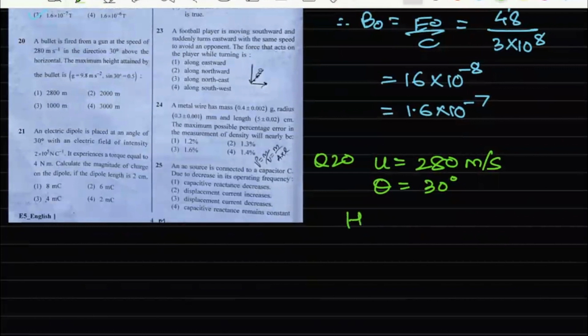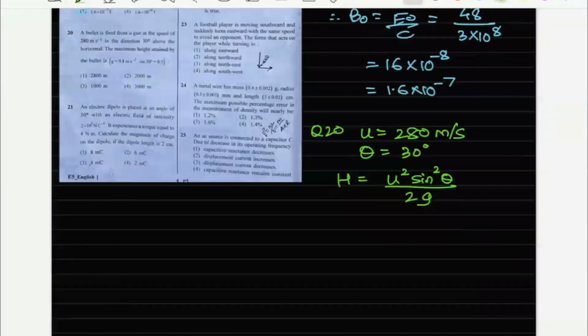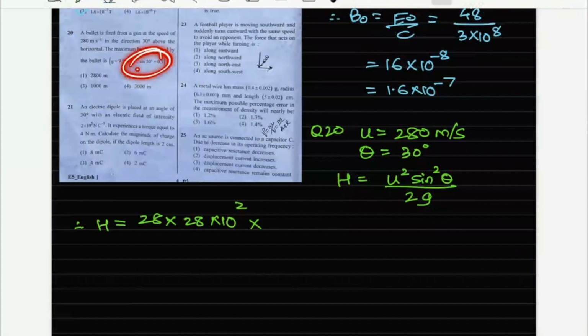So we just have to use the formula for height, that is U square sine square theta upon 2 times G. So that is going to turn out to be U square, 280 into 280, or let's keep it as 28 into 28 into 10 raised to 2, and sine 30. So sine 30 is half. Again, they're being very kind to you. We are giving you the value of sine 30.